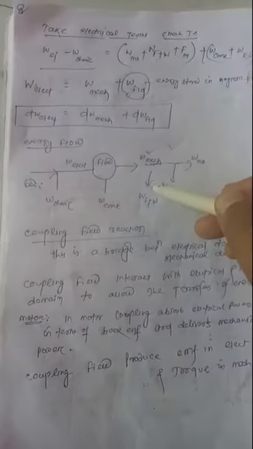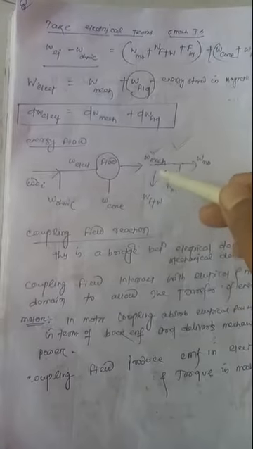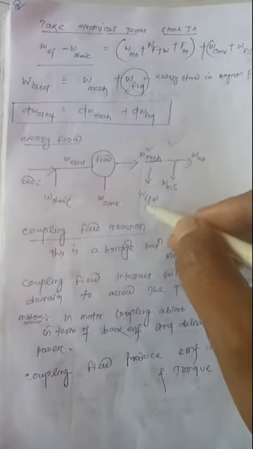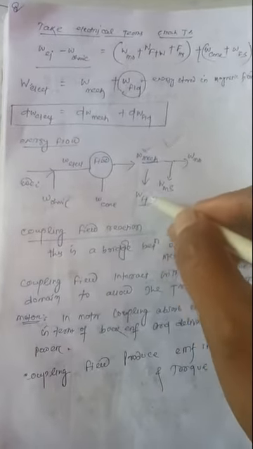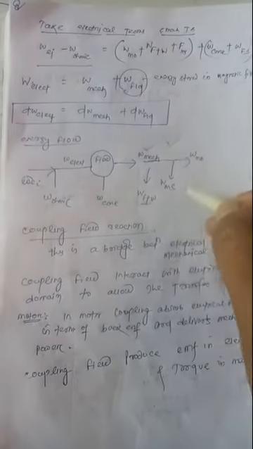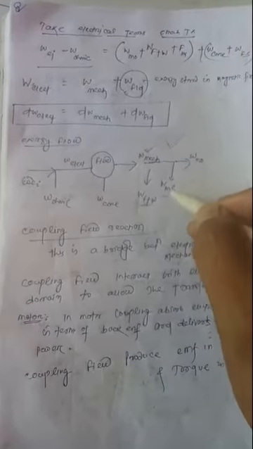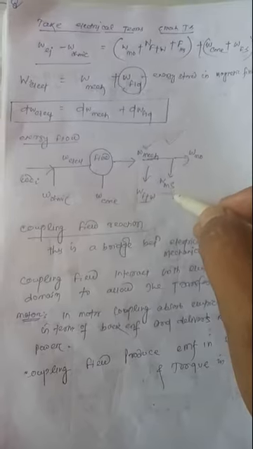The gross mechanical energy produced has the energy lost due to friction subtracted, as well as the energy stored in the magnetic system, and then this is the net mechanical energy output. So this is the energy flow diagram.